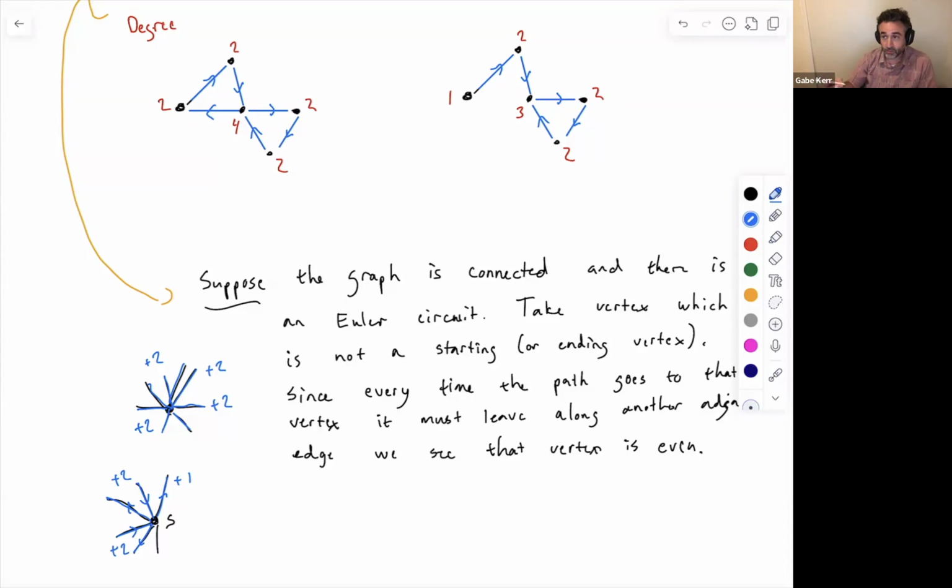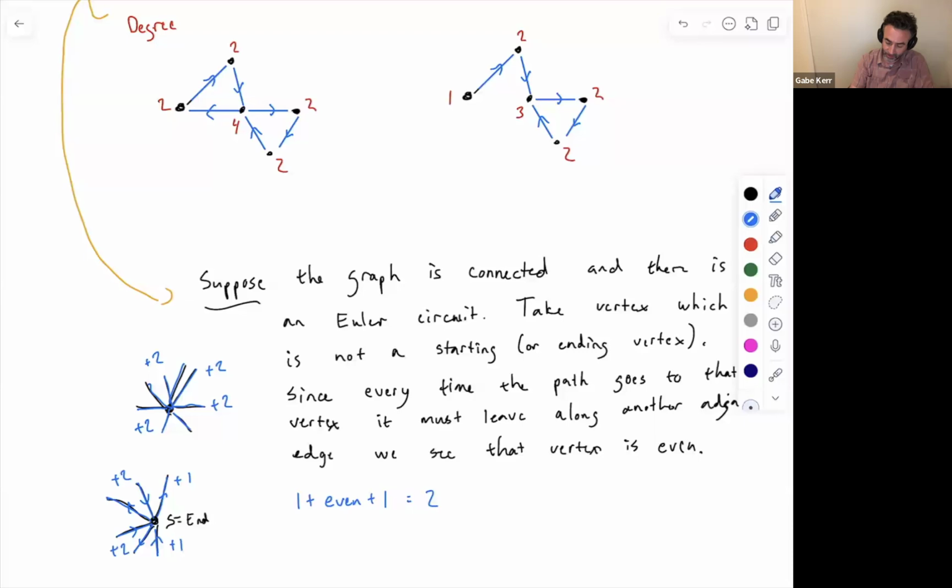And the difference with an Euler circuit is that the starting point is also the ending point. So this is also the ending point, which means after we're all done with the path, the last edge in that path must be coming in and adding one more edge. So we get the leaving edge, which is one, a bunch of pass-through cases, which is 2 plus 2 plus 2, however many times, so it's some even number, and then the last edge, which is another one. So we have 1 plus an even number plus 1.